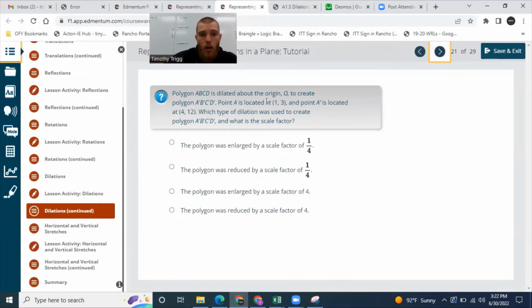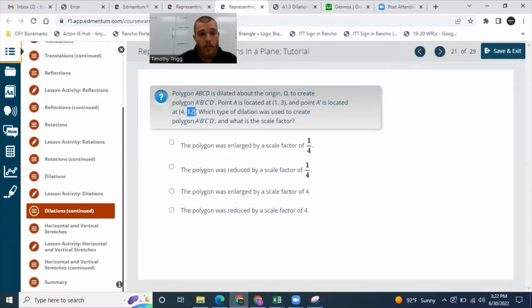If we look at our original pre-image point 1, 3 versus the image point 4, 12, what's our scale factor there? Well, it's multiplied by what? Well, by 4, isn't it? 1 times 4 gives us 4, and 3 times 4 gives us 12. That tells us the scale factor.